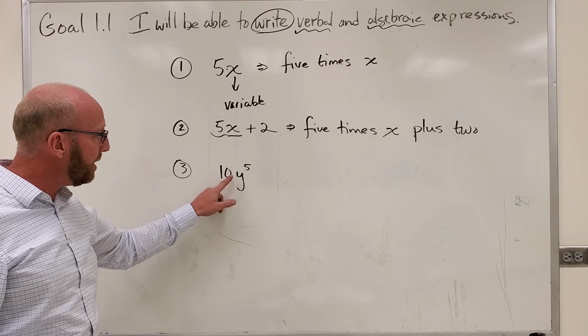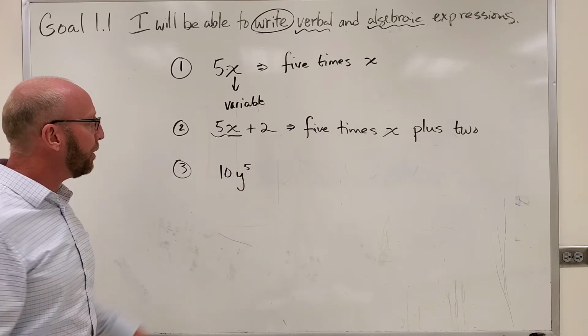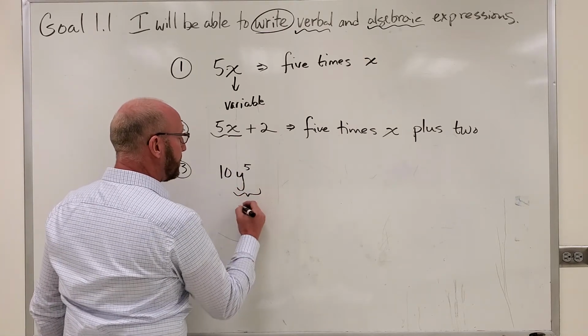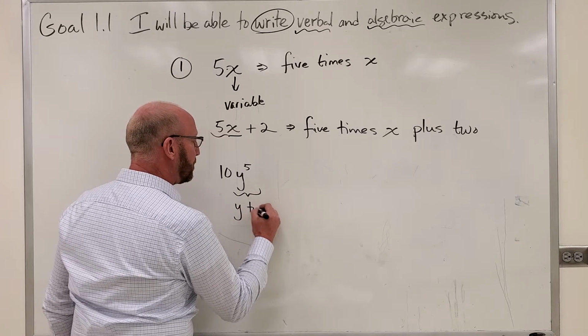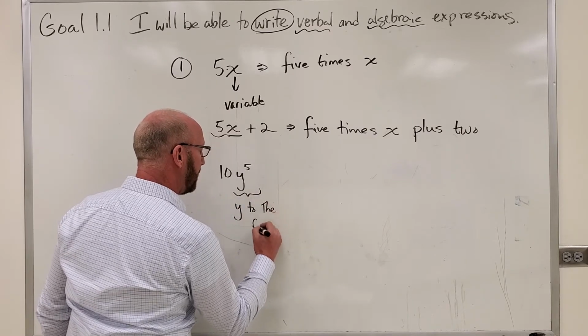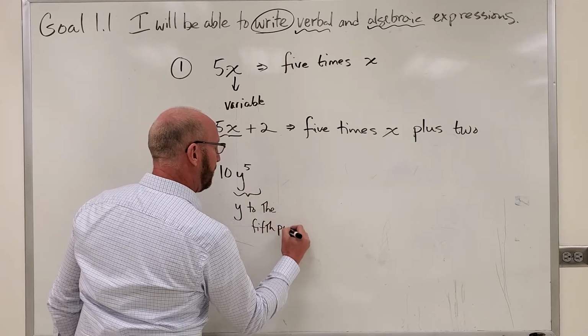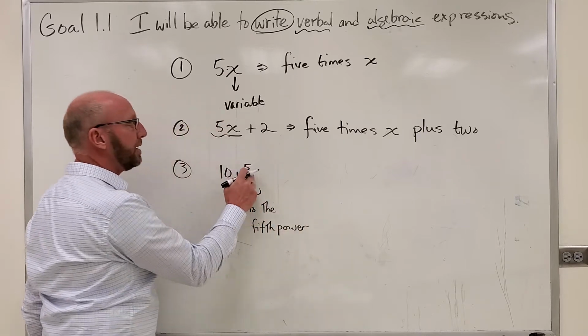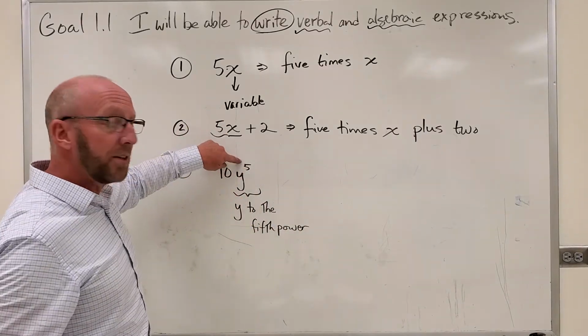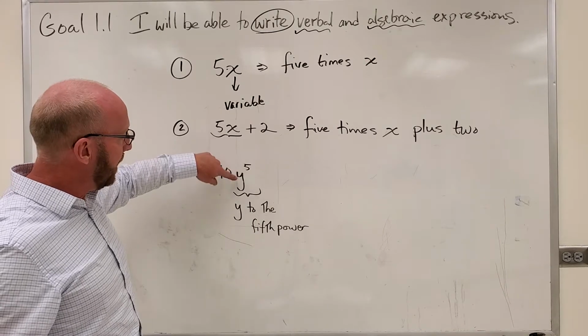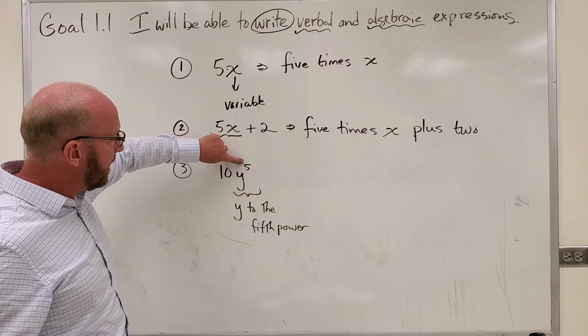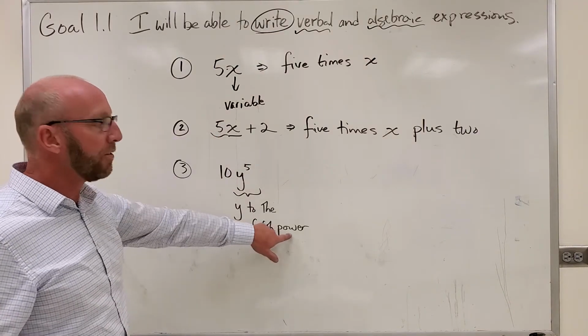So it's going to be 10 times, and then here, when I have an exponent, it is going to be y to the 5th power. The y is the base. Remember that the exponent is up above to the right of the base. So that's the base, there's the exponent, 5. So you would write it to the 5th power.